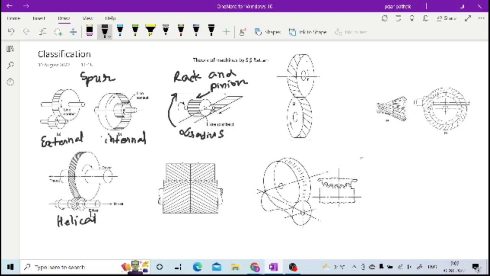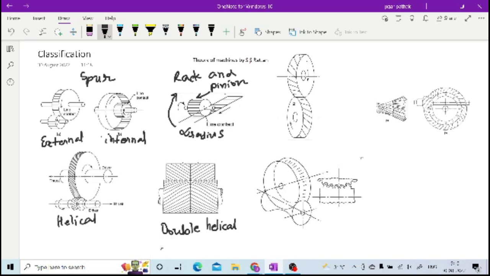Here in this double helical gear, in the same gear you are having different helix angles. Why are these kinds of gears used?